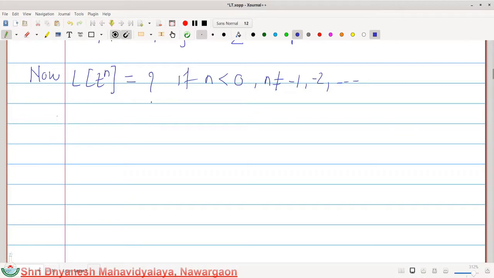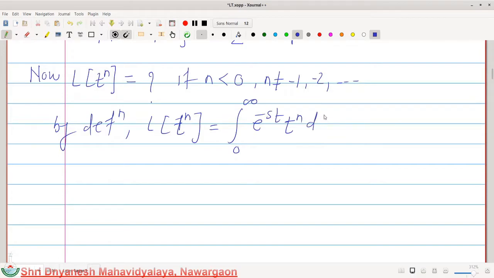By definition, Laplace transform of t power n is integration from 0 to infinity e to the power minus st t power n dt. Here we use the substitution method.